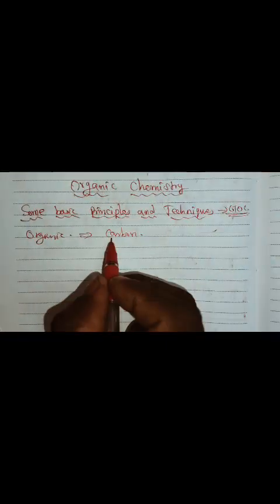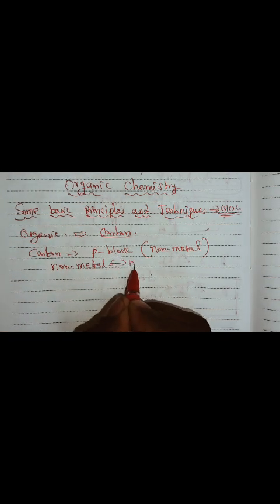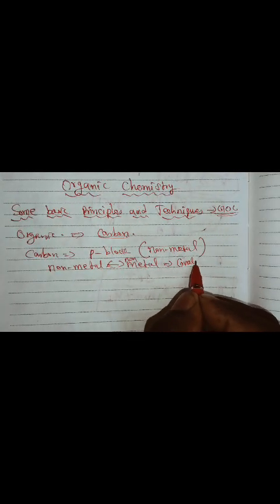We know that carbon is present in the p block of the periodic table, and p block elements here are non-metals. The bond formed between a non-metal and a non-metal is called a covalent bond.